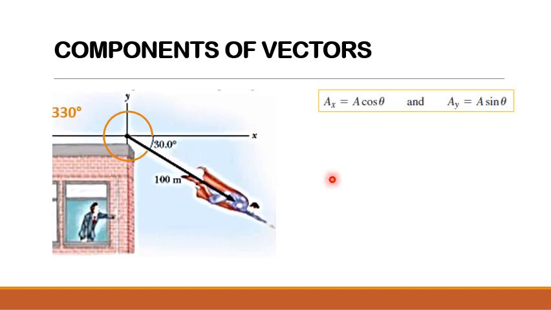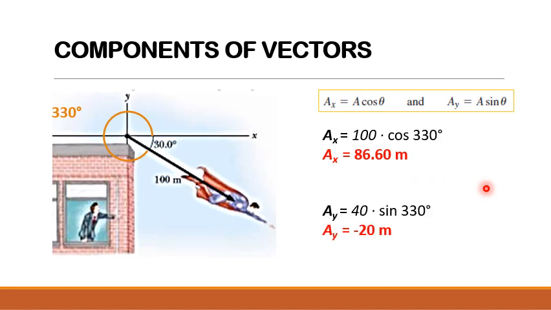That's the angle that we're going to use when computing for the x component and y component of the vector. So 100 multiplied by the cosine of 330, which is the angle from the x-axis, the answer is 86.60 meters.